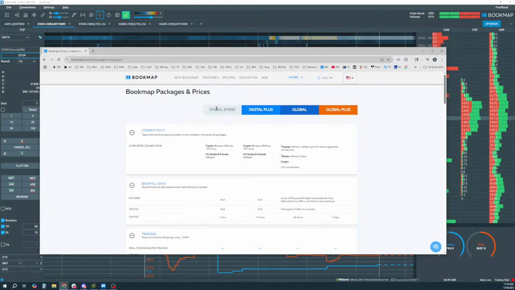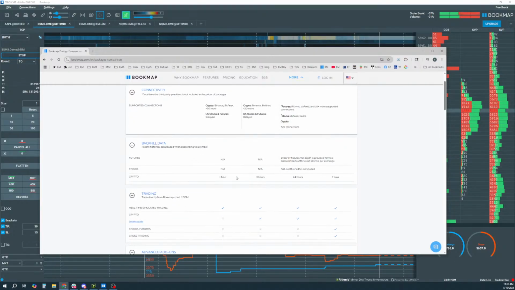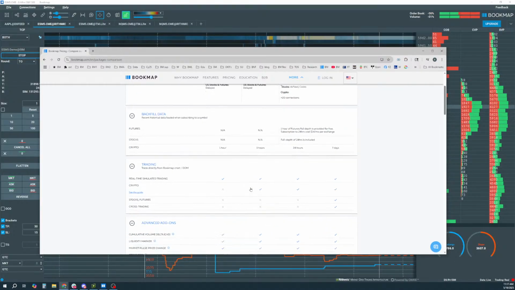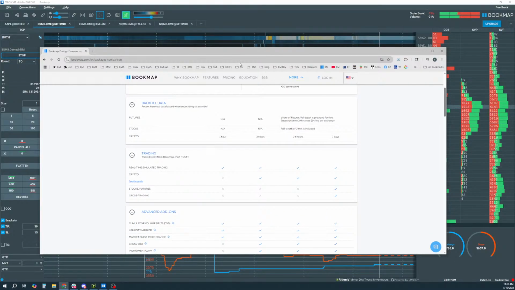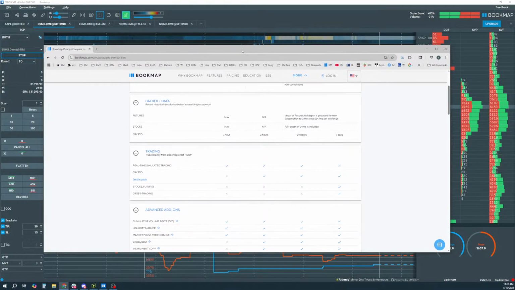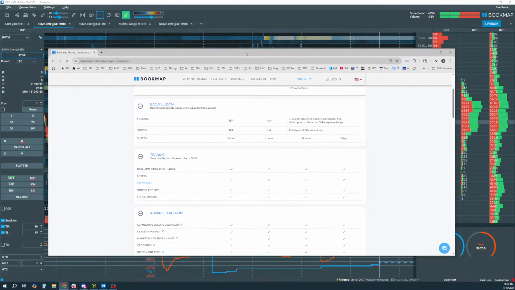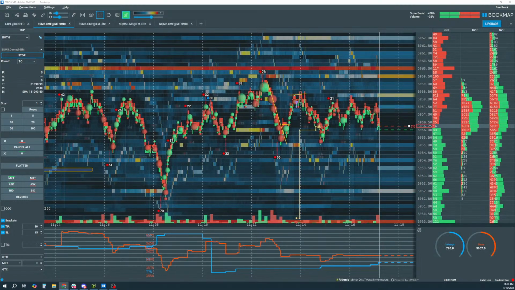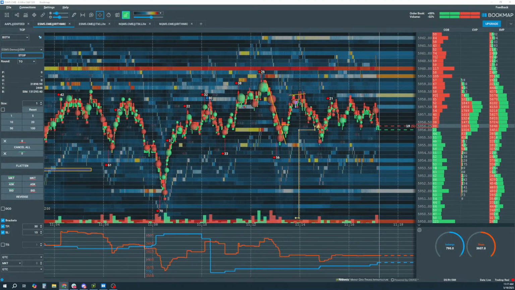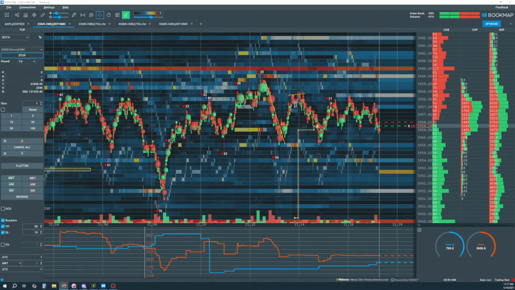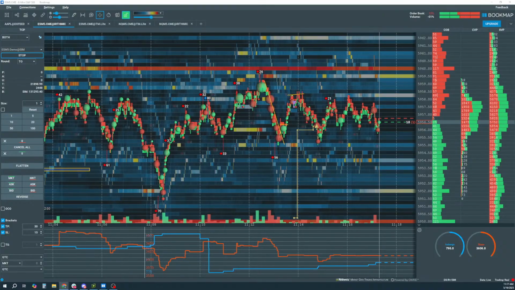Which, yeah, I don't know about that actually. Like you can't use replay mode right now. But I think no, it's not replay mode. You have delayed data, and with the delayed data, you can look at the add-ons. Okay, that's what we've been talking about. All right, so that should answer that question.